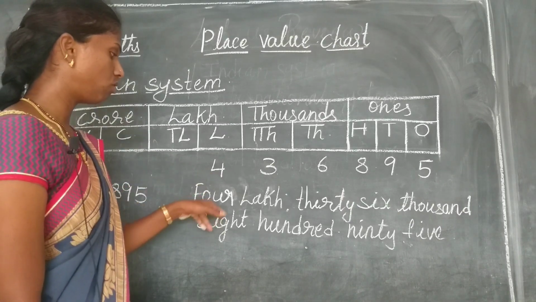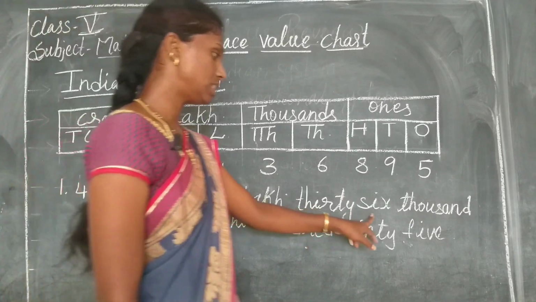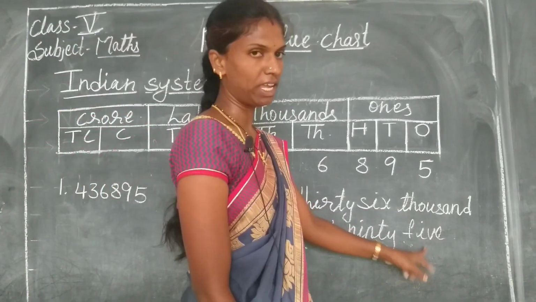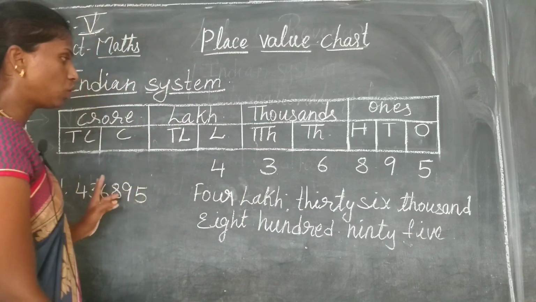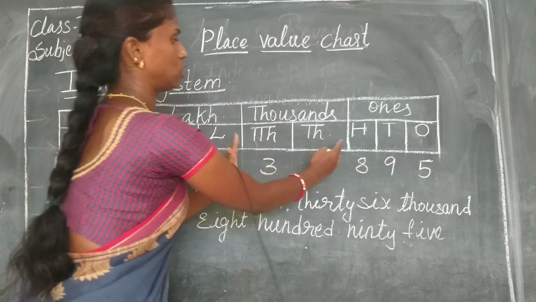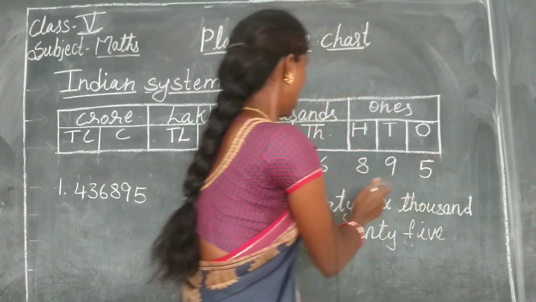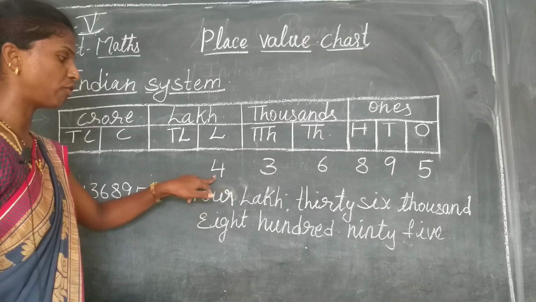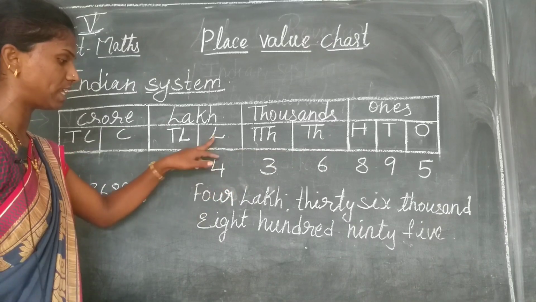4,36,895 is the value. Here this is crore place, this is lakhs place, this is thousands place, and this is ones place. The digit 4 is in lakhs place.